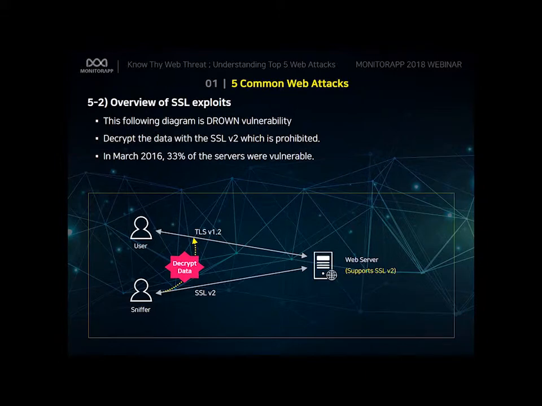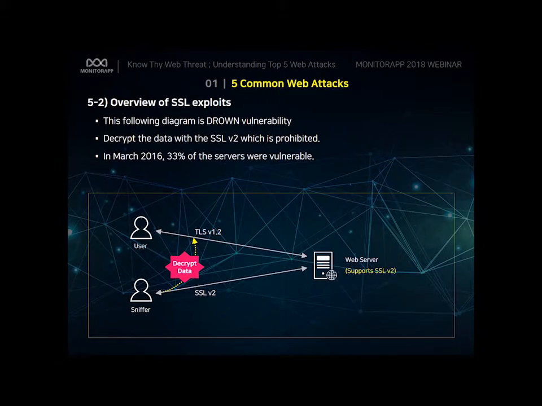The user and the server are not aware of the attack situation at all. Currently, SSL version 2 is officially no longer supported and is forbidden from use. However, when the Drown vulnerability was first discovered, about 33% of all servers were still using SSL version 2.